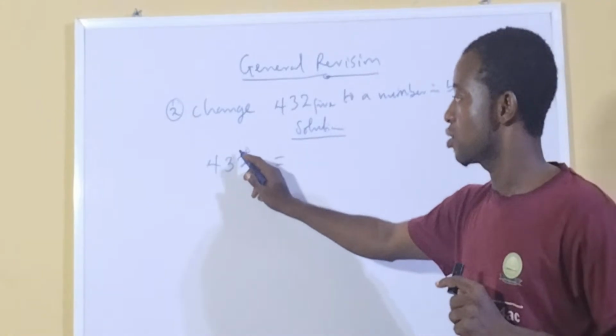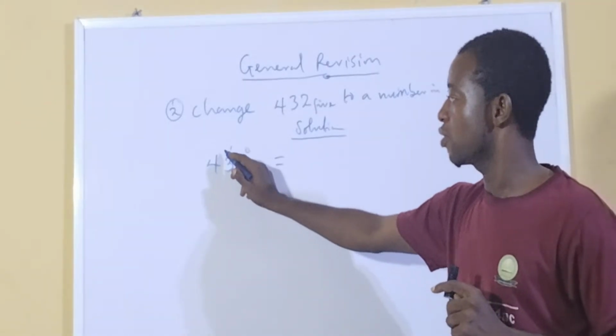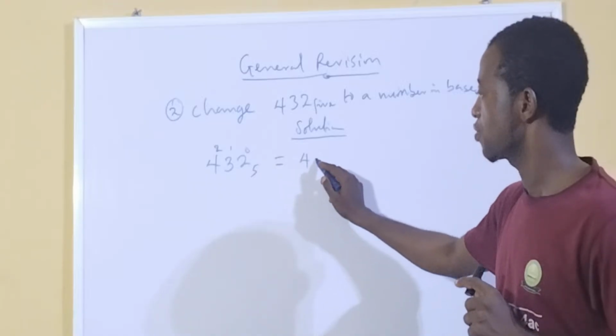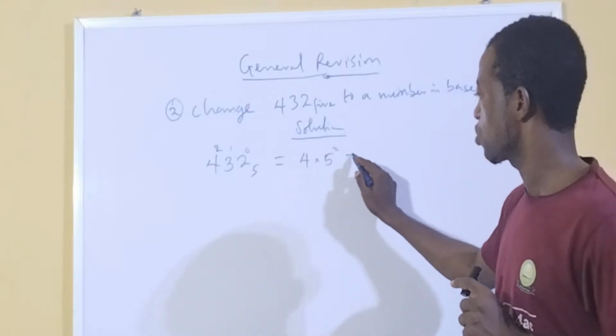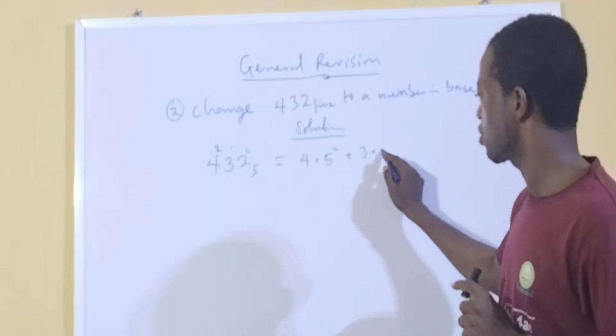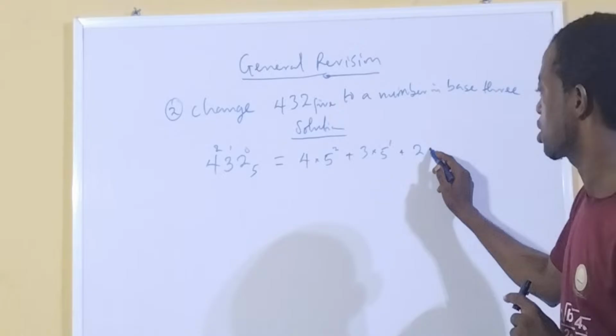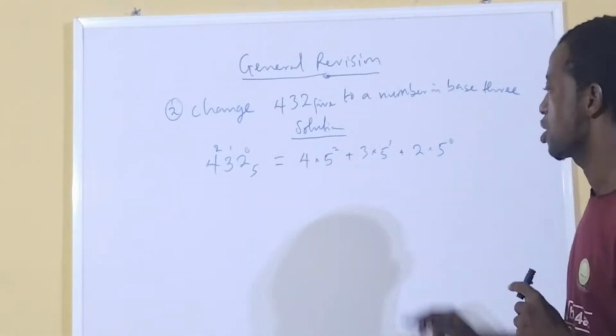That is expanding with the base raised to the power of 0, 1, 2. So this becomes 4 times 5 raised to the power 2, plus 3 times 5 raised to the power 1, plus 2 times 5 raised to power 0.